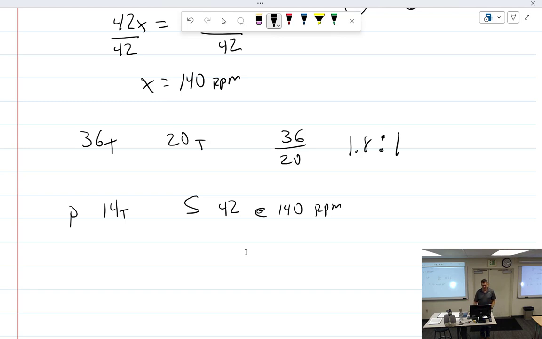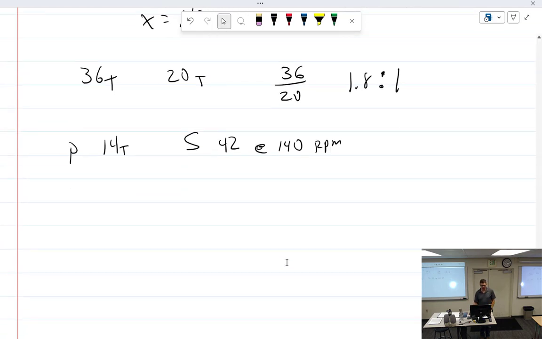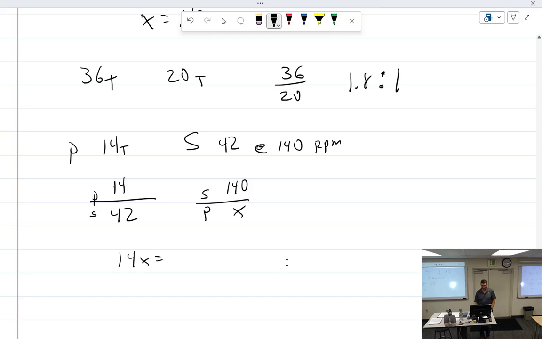But while we're here, we'll say pinion, spur, spur, pinion, and we'll put teeth 14 here, 42 here. The speed is 140. That is x, so it's 14x equals 42 times 140.